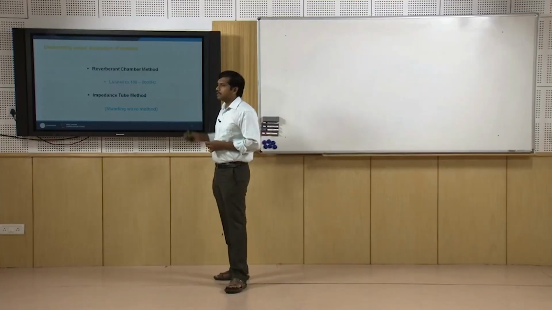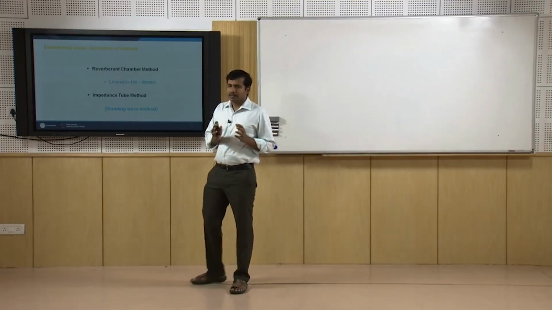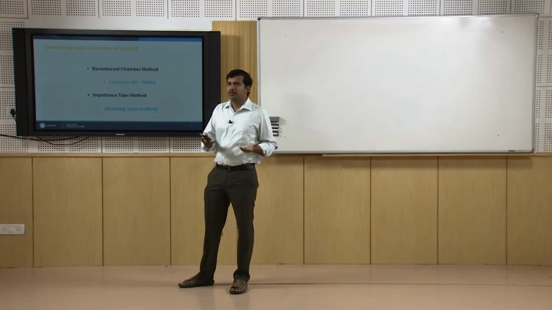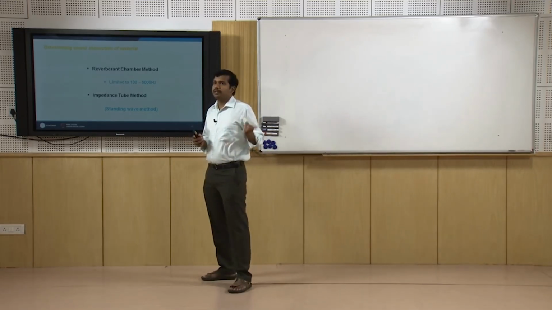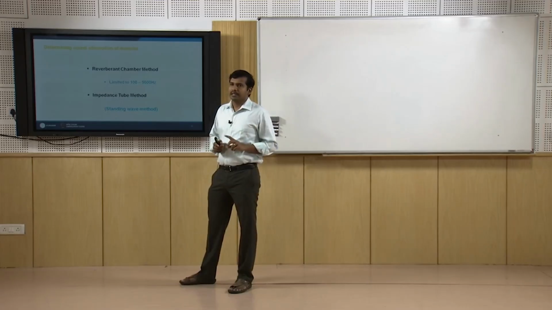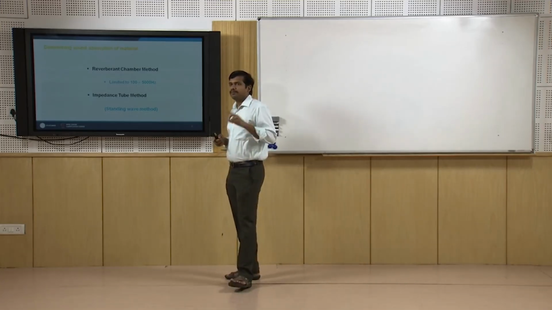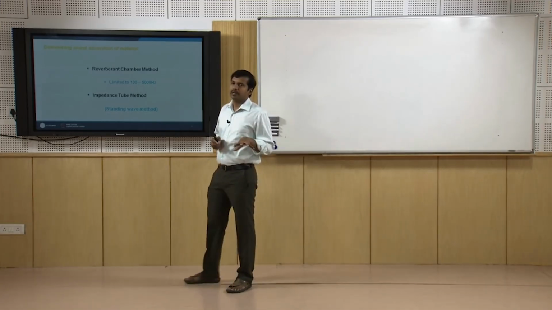So the first method, you place the material to be tested, you mount it inside the reverberant chamber and you test the difference between the original reverberation time and the reverberation time after the material is placed inside the room. Typically test chambers have their own reverberation time without any material present.